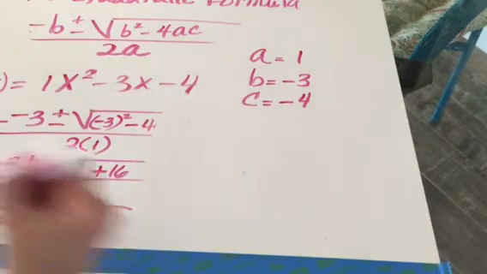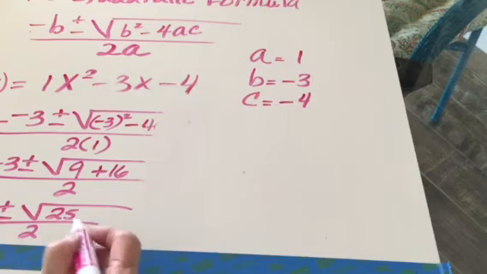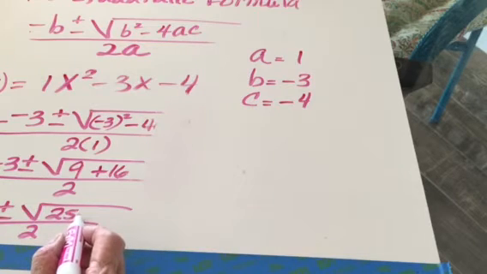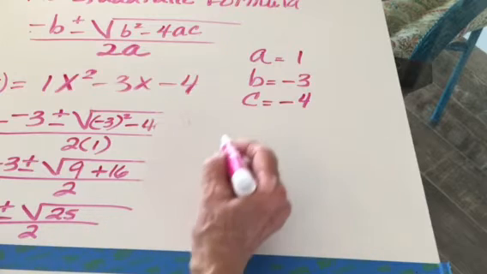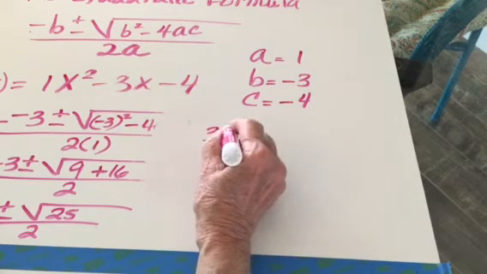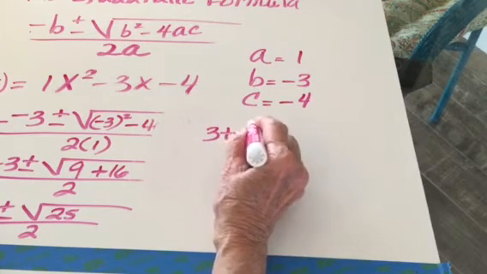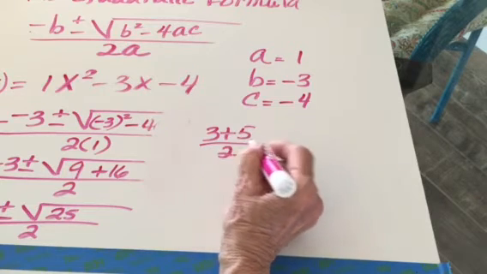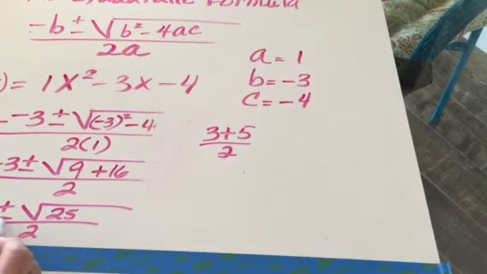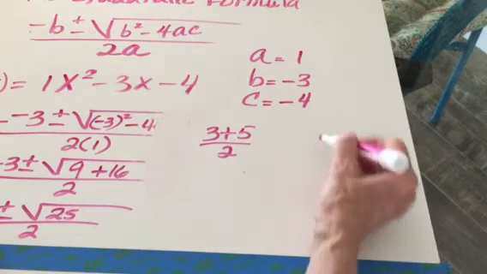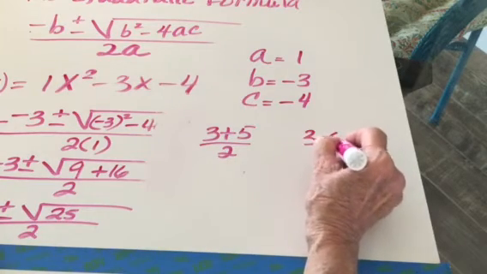Okay. So what is radical 25? Isn't it 5? All right, so watch what I'm going to say. 3 plus 5 divided by 2. And then I'm going to go 3 minus 5 divided by 2.